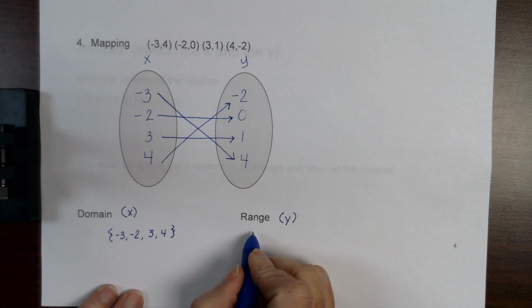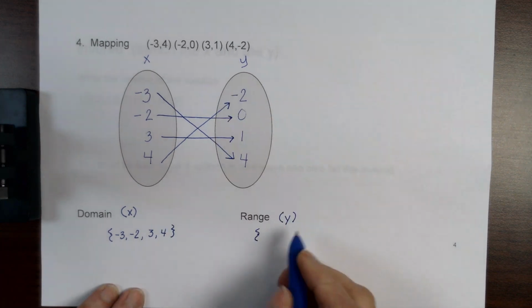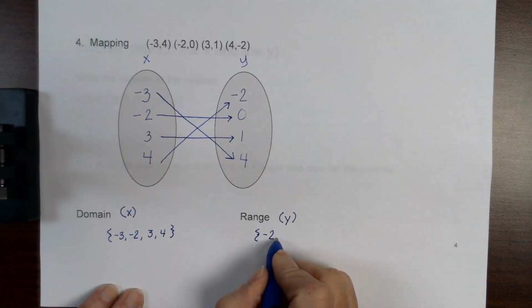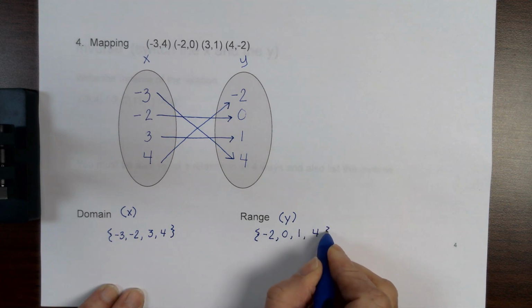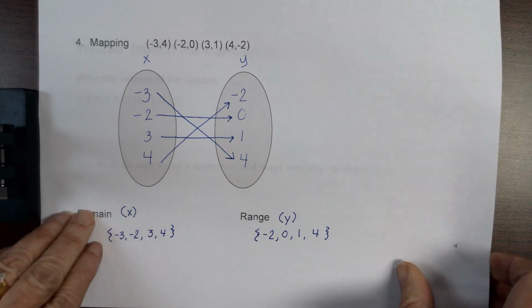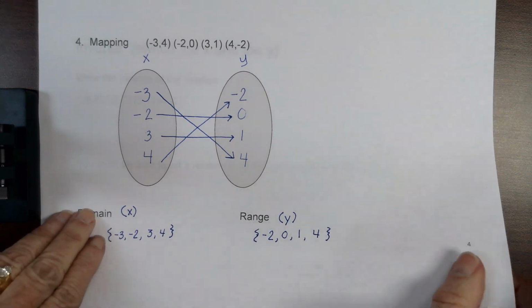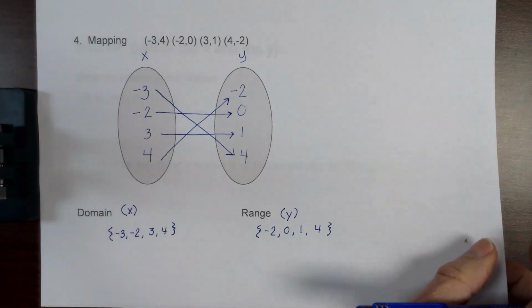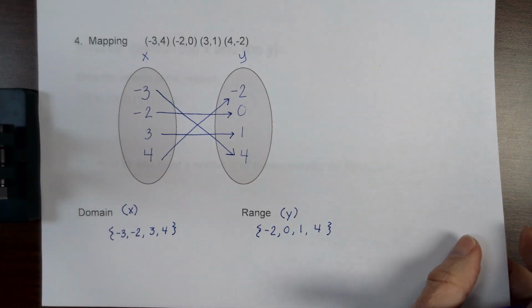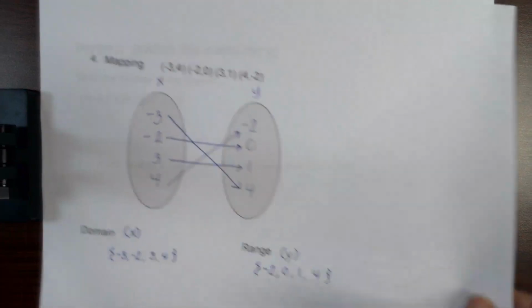The range here, again it's easy to grab from your mapping, is -2, 0, 1, and 4. So try and put it in numeric order from smallest to largest. It's not necessary, but it is definitely widely accepted, because then it's easy to check and easy to see.